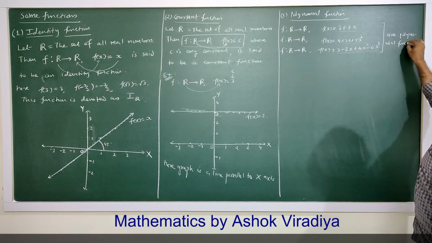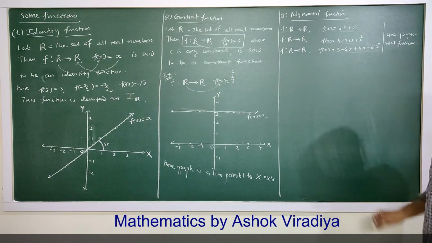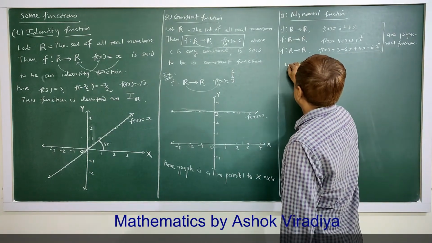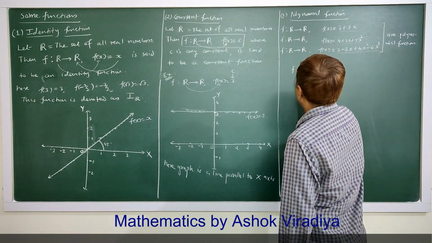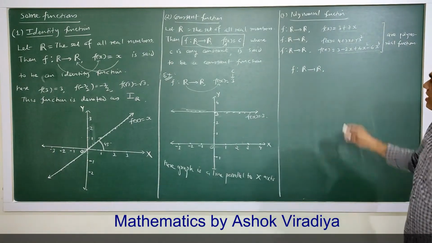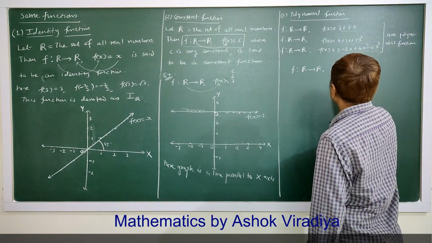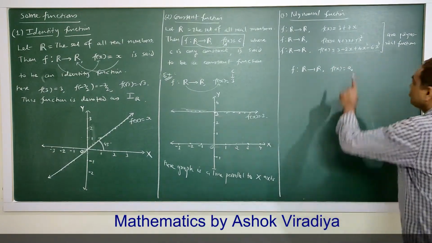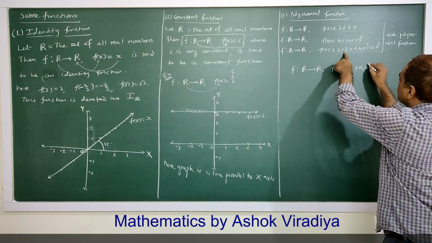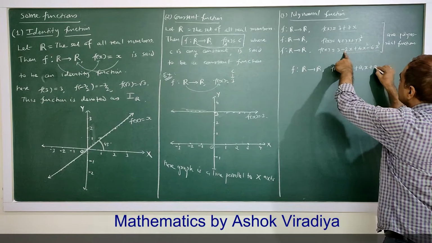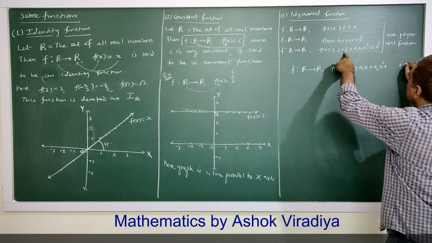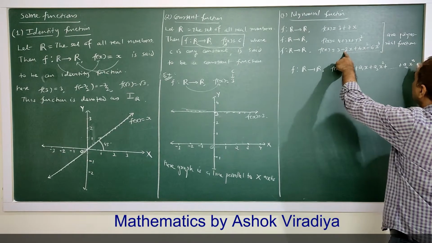So we can say the definition: a function from R to R, f(x) = a0, a constant, plus a1 x raised to 1 plus a2 x² plus a3 x³ plus up to an x raised to n.